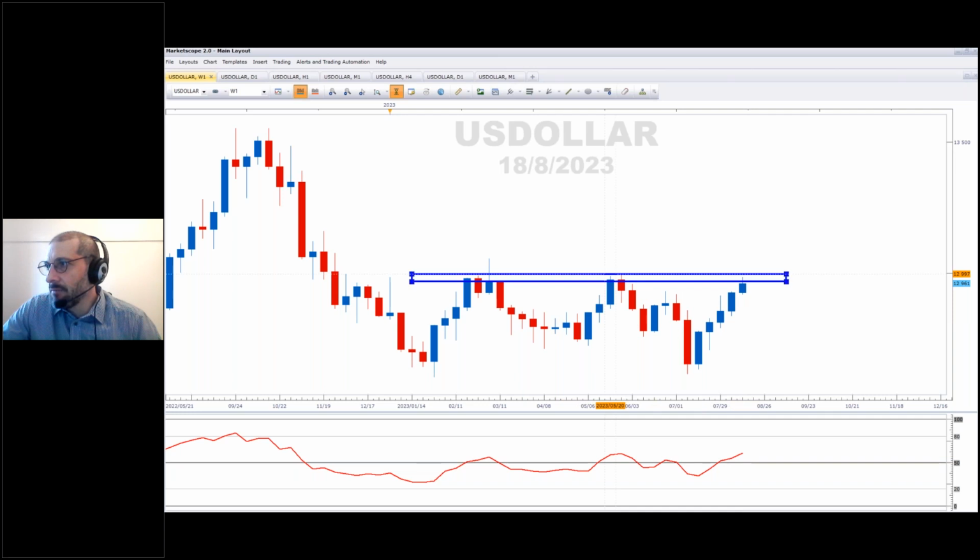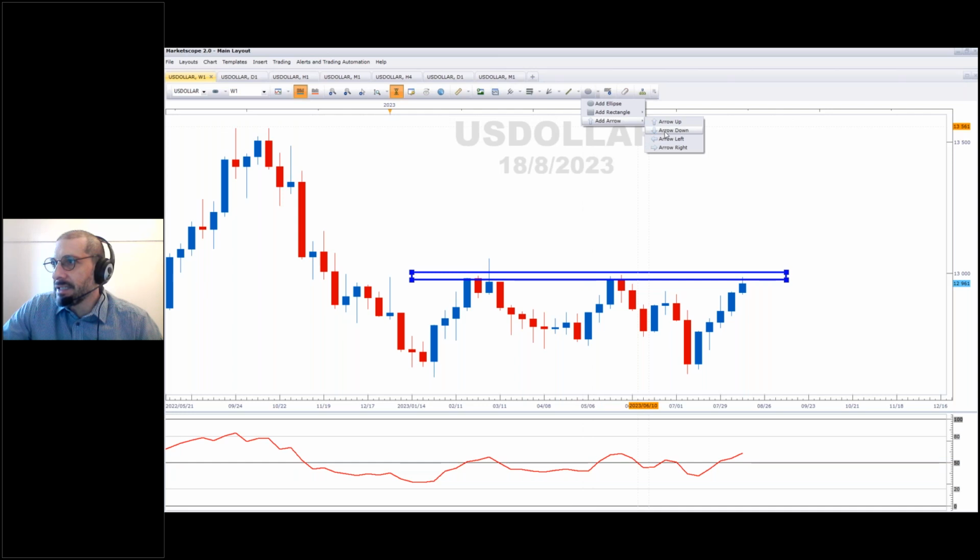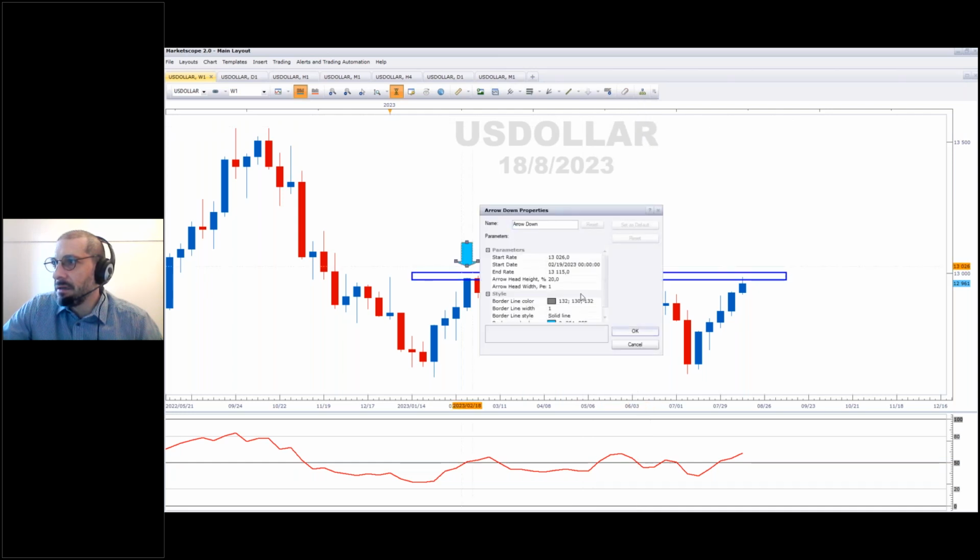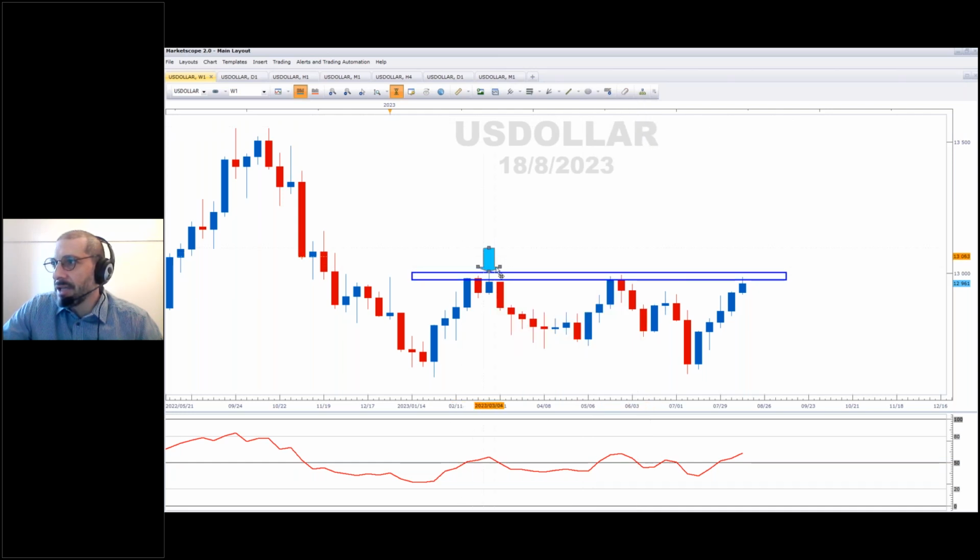Of course, I don't know if the resistance is going to be a key reaction level or not, but the fact of the matter is we are right at resistance right now, and this is a level that the market has paid attention to previously, and you can see it's hit it once, then it reacted down, twice reacted down, 3 times reacted down. This is the 4th time that we're hitting the resistance level.